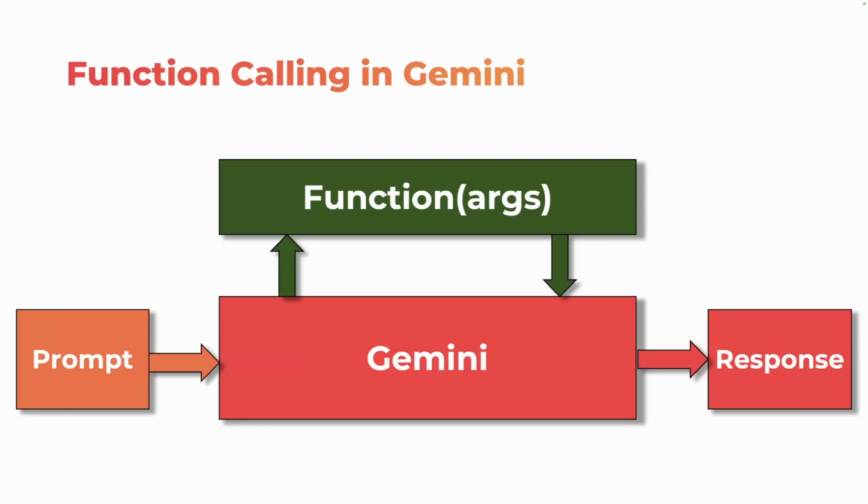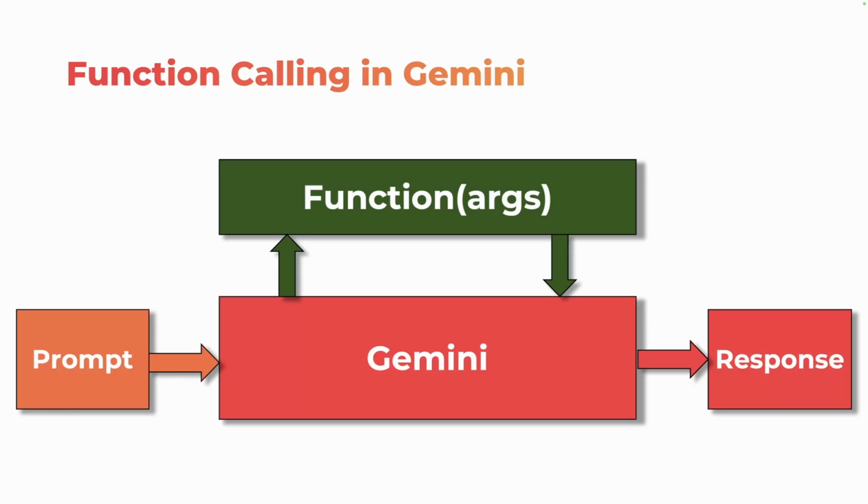This is very powerful, and the underlying phenomenon for agents is what is called function calling. In Gemini, there is a concept called function calling. When we provide a set of existing Python functions to Gemini, it can figure out how effectively it can call the function to accomplish a specific task.